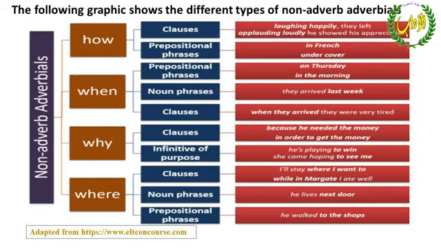Clauses, as in when they arrived they were very tired. Why, as in clauses, because he needed the money, or infinitive of purpose, as in he is playing to win, she came hoping to see me. So to win and to see me are non-adverb adverbials.